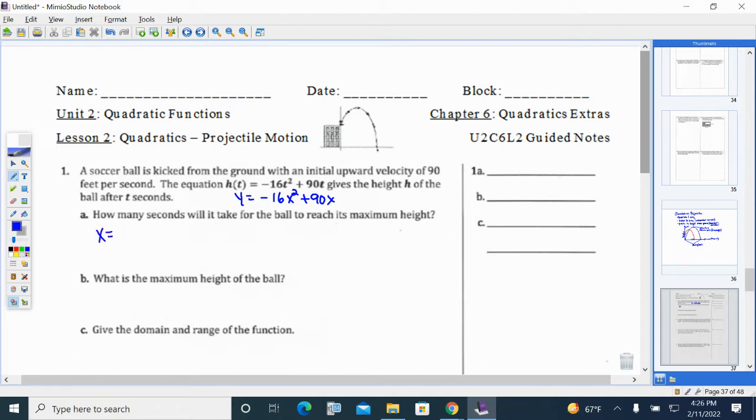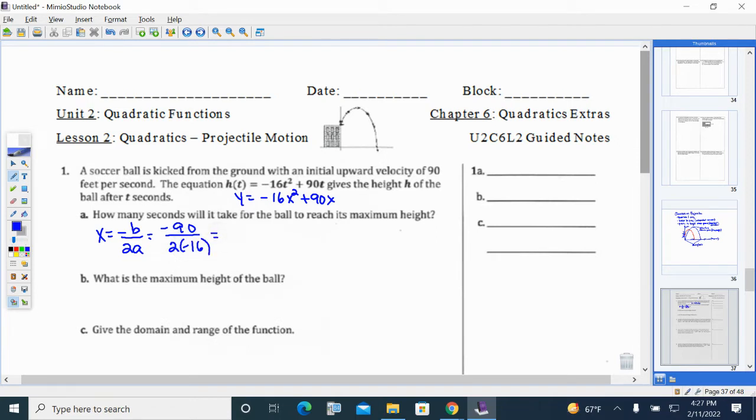So x equals negative b divided by 2a. That's a formula from the past to find the axis of symmetry. X equals negative b over 2a. So b in this equation is 90, so it's going to be negative 90 divided by 2 times negative 16. So put that in your calculator.